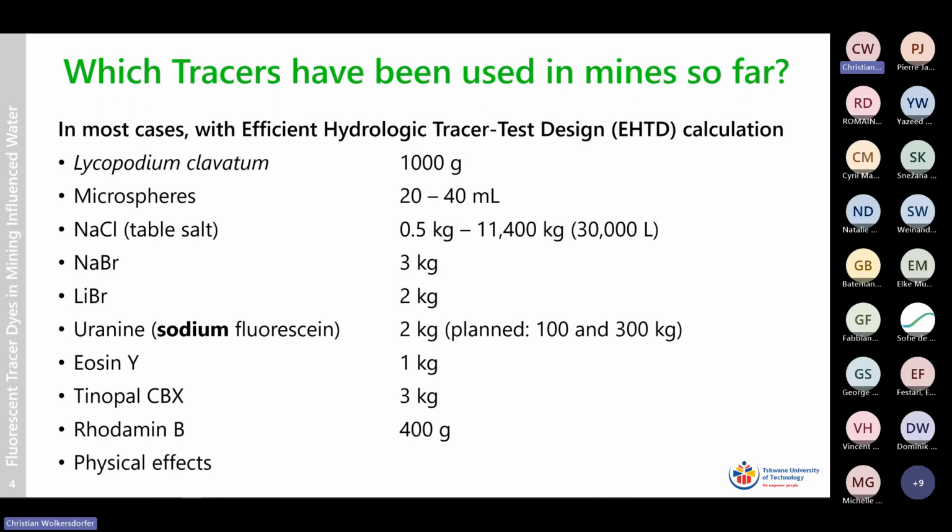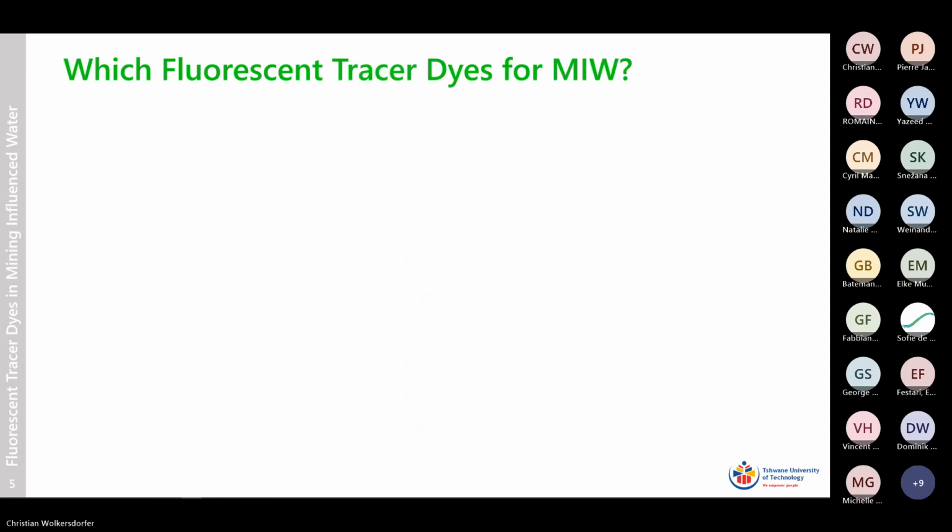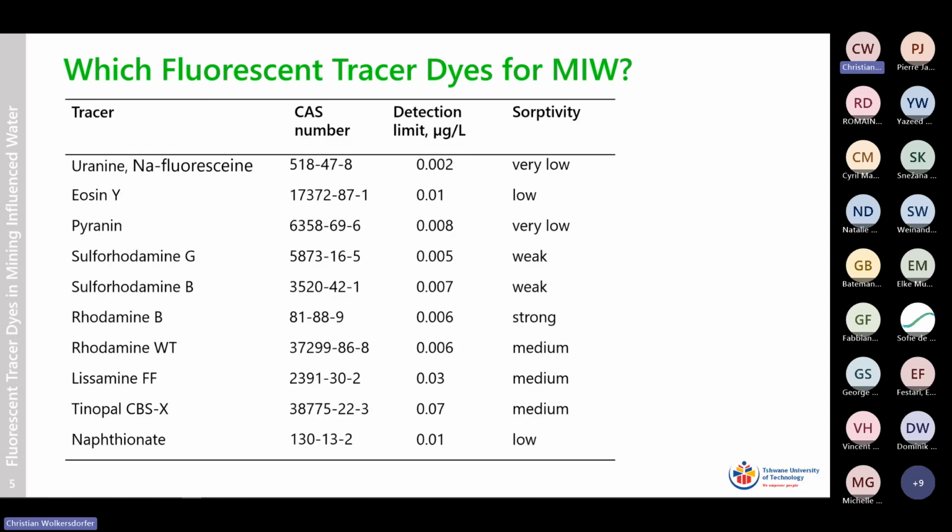Oh, and the physical effects, what I explained just before. But which are the fluorescent tracer dyes, because this is the title of our presentation. You can see them here in this table with the CAS number, the detection limit, and the sorptivity, just to give you an overview. The ones we are usually using are uranine, eosine Y, and tinopal CBSX.